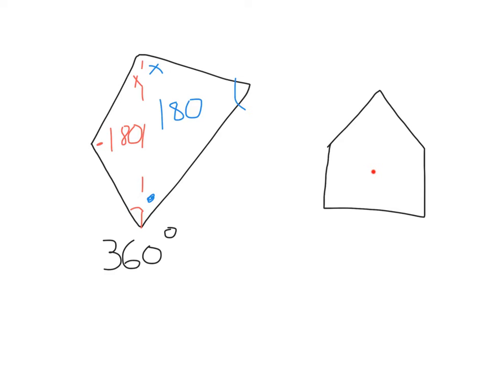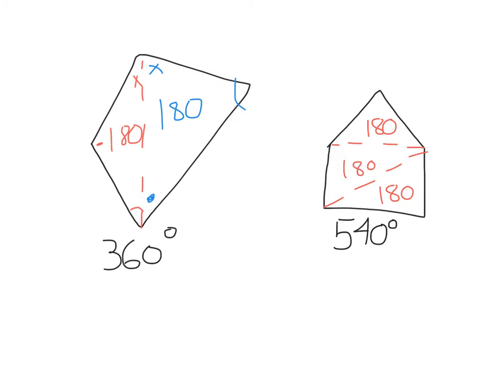I can do a similar thing for the pentagon. I can divide it into triangles: I can divide that one, and then divide it along here. Each of these triangles has angles that add up to 180. So all of the angles inside a pentagon add up to 180 plus 180 plus 180, which is 540 degrees.